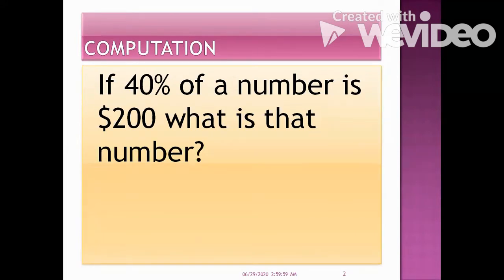So the question says, if 40% of a number is 200, what is that number?